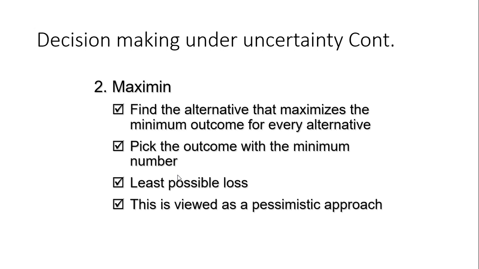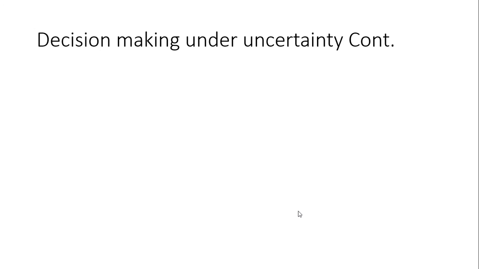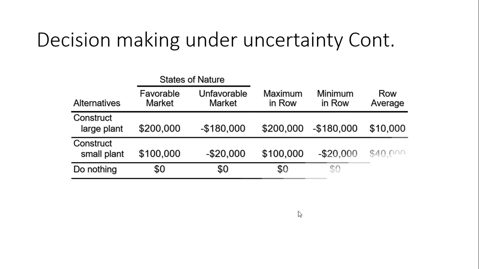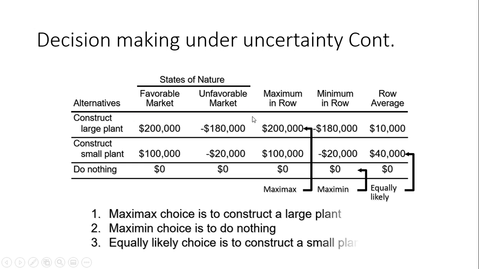Returning to our second approach, which is maximin, or the pessimistic approach. In this approach, you take the minimum value in each row.